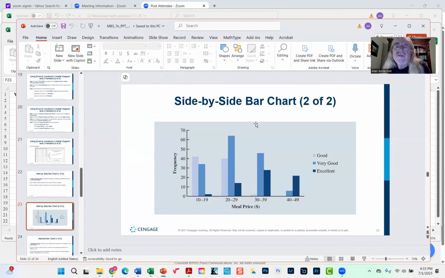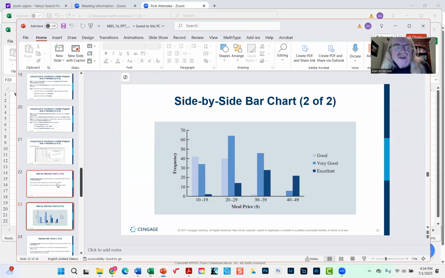And now they also went back and revisited the restaurants to create a special type of bar chart where you're comparing two different things at once. In other words, for each price range, the three bars represent the three different ratings.